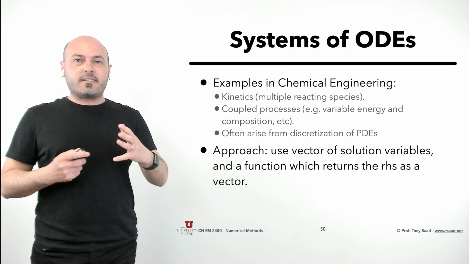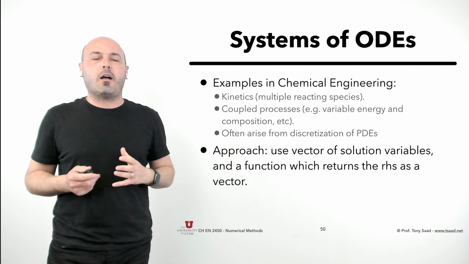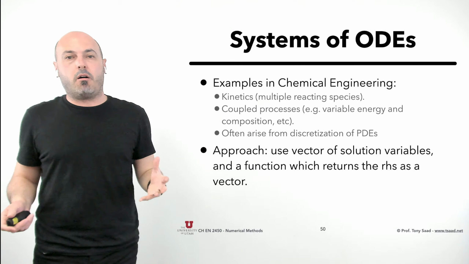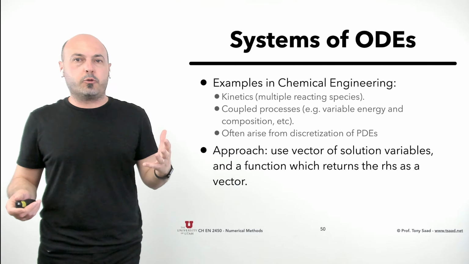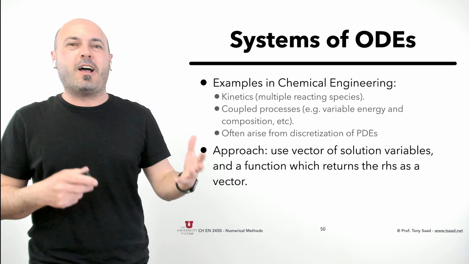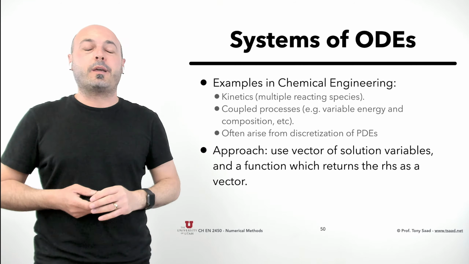All right, the next section is the chapter on systems of ODEs. And clearly, since we are dealing with initial value problems, we're going to be focusing on systems of initial value ODEs, okay?